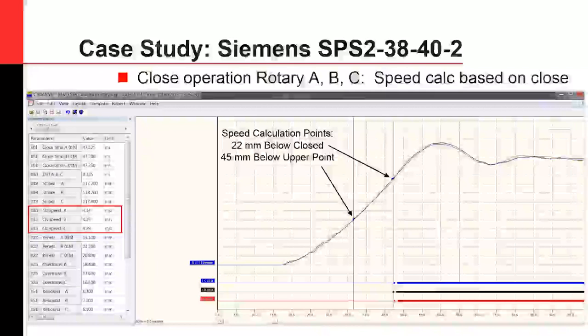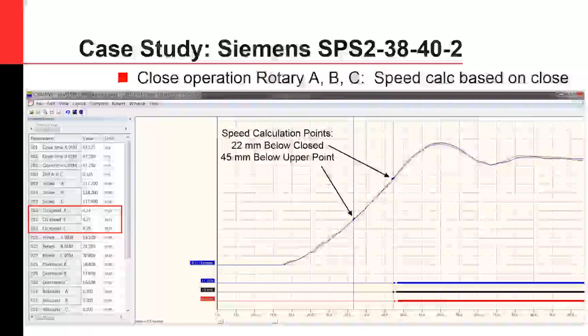So they're all pretty close. They're pretty much on top of each other once we get rid of that time-based reference for speed.